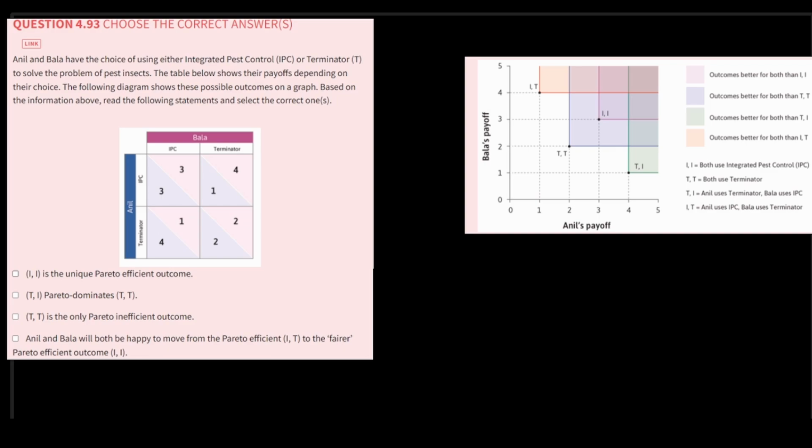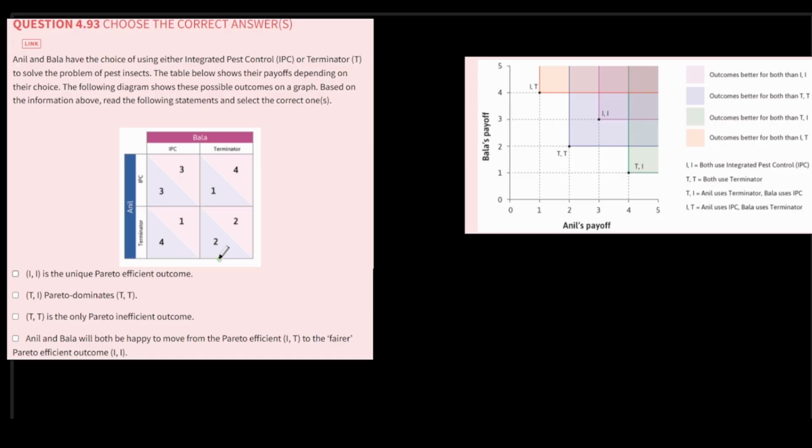Based on the information, which of the ones are correct? Okay. We've played this game, we know the outcome, and we have all the dominated and dominating strategies shown over there on the right. But let's just quickly identify our Nash equilibrium and any potential dominant equilibriums, just to start us off and ensure we're on the right track.